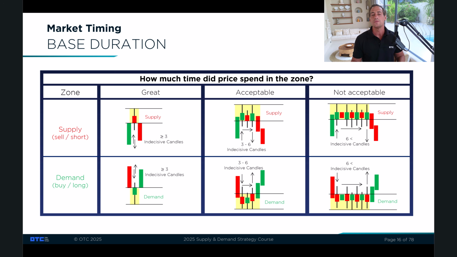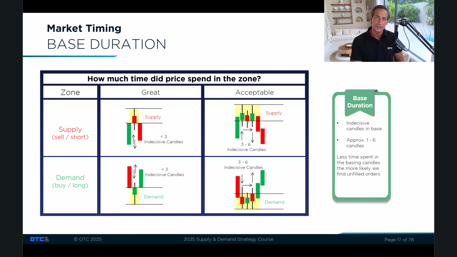Because you would assume that price spends so much time in that area and institutions had enough time to fill their orders, and the next time price comes back into that area, it will go through. And anything between 1 and 6 candles in the base means your base duration rule is essentially met. Very simple. Again, like mentioned last time, you could use also a grading system, or, well, simplify it just by saying, okay, rule is either breached or rule is met.